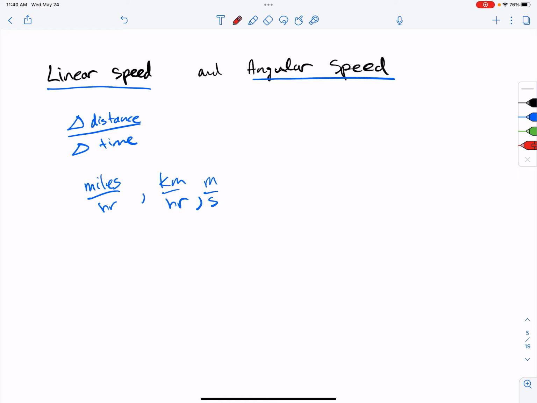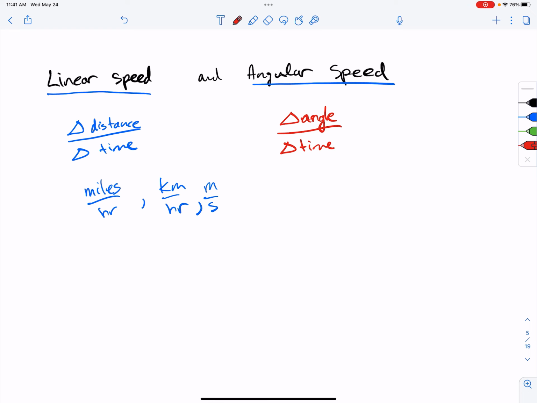If we're talking about angular speed, what we're saying is, how is the angle changing as time changes? This really only is relevant when the motion is taking place along a curve or along a circular path.